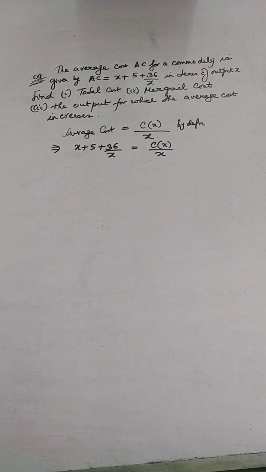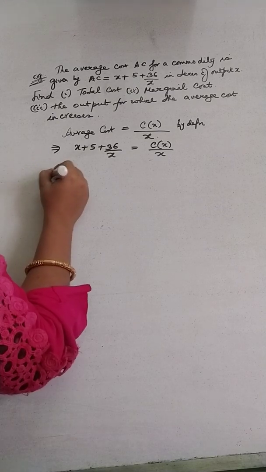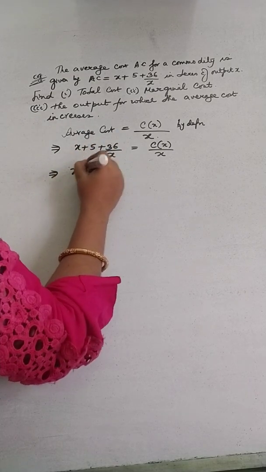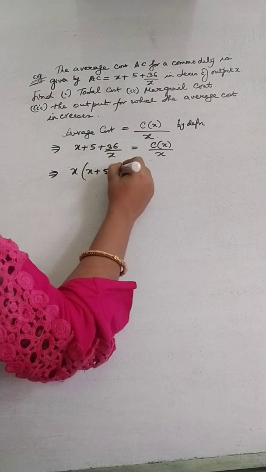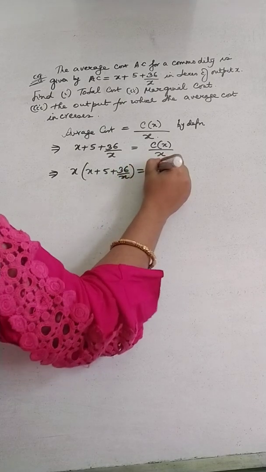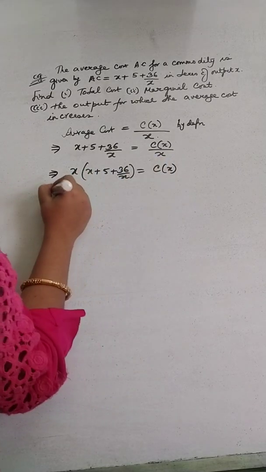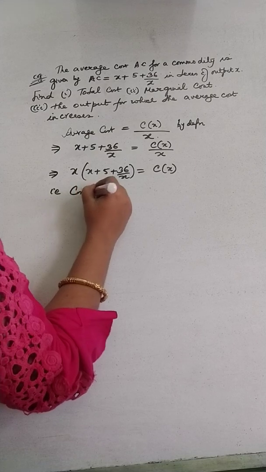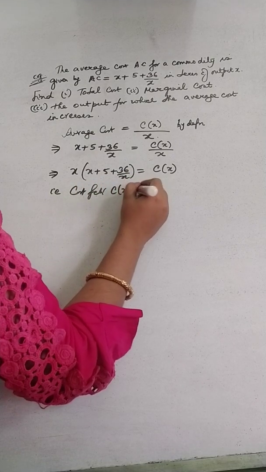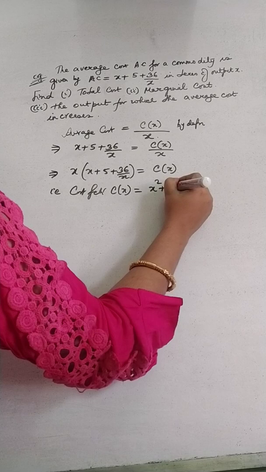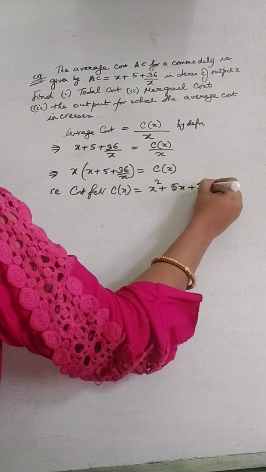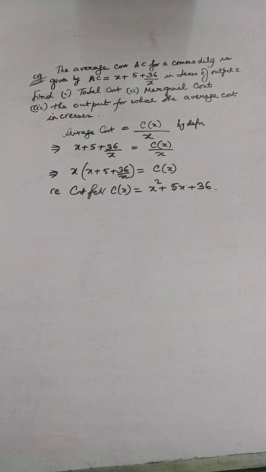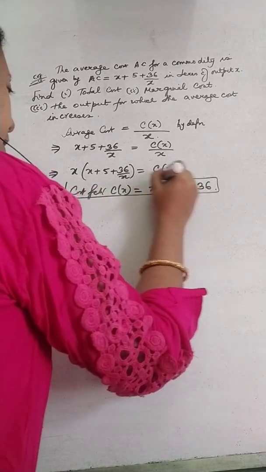You've been asked to find the total cost, that means the cost function. So cross multiplying, x into x plus 5 plus 36 by x gives you the total cost. In other words, the cost function C(x) is equal to x square plus 5x plus 36. Just multiplying throughout. So this is your cost function. Let's highlight it as the answer.